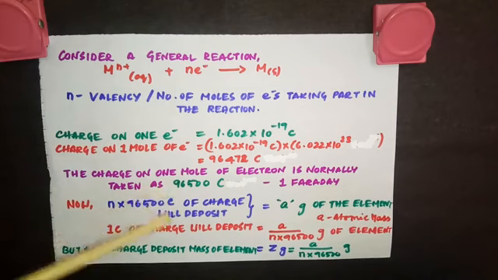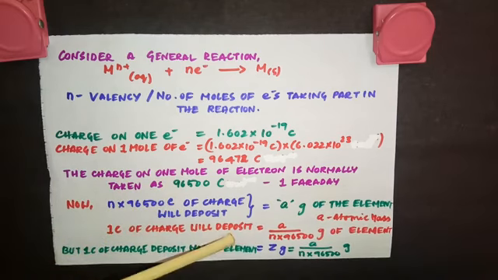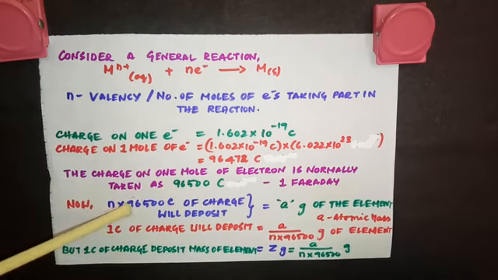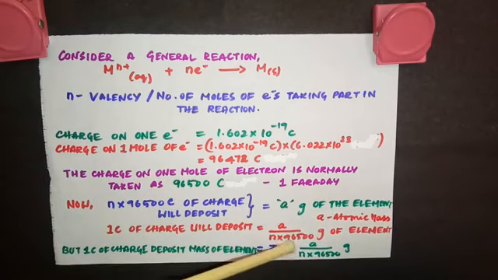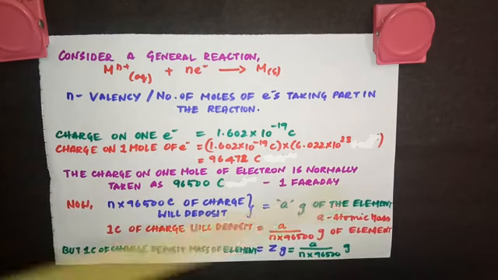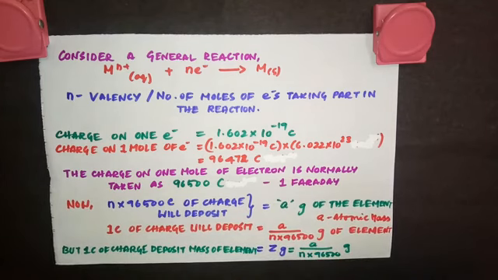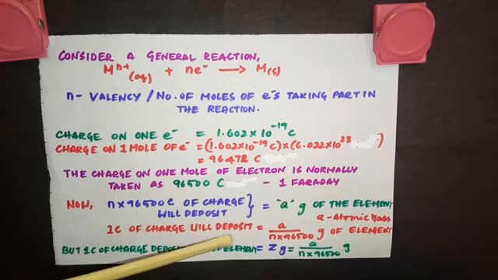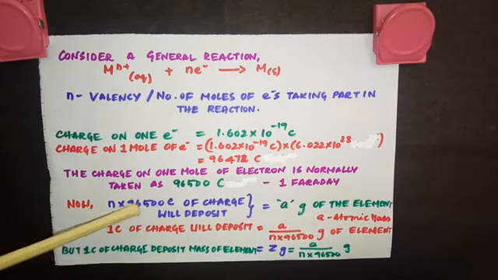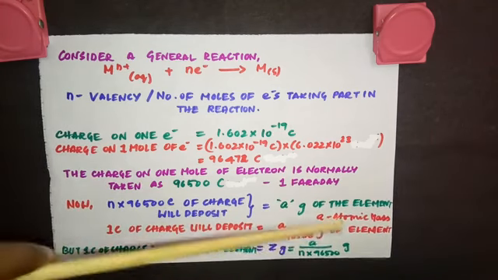Here we are taking just 1 coulomb. 1 coulomb of charge will deposit, you have to take this n and 96,500 to this side, A divided by n into 96,500 gram of the element.